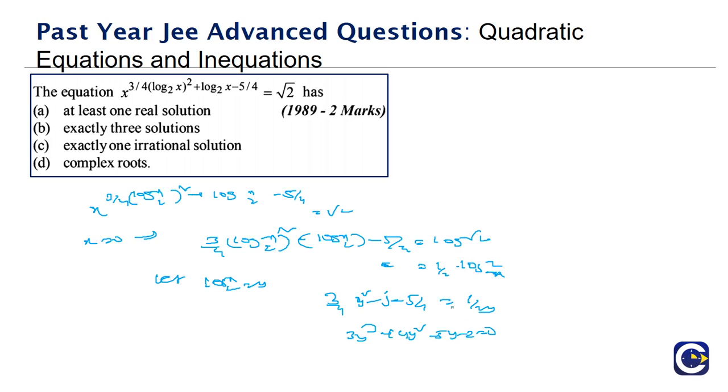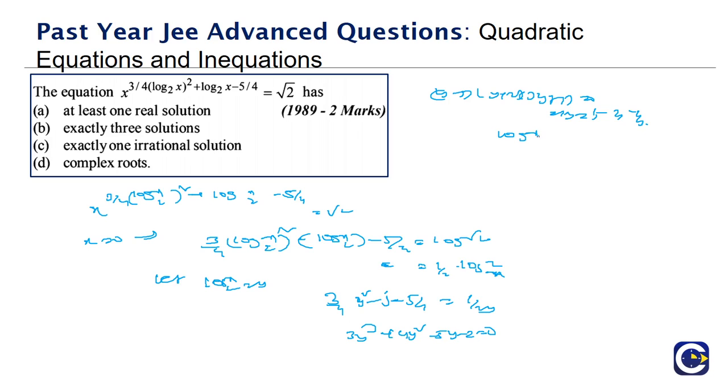Further simplifying, what you will get? (y − 1)(y + 2)(3y + 1) = 0, which implies y is equal to 1, −2, −1/3.